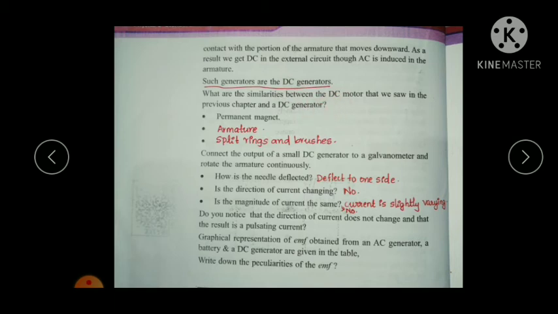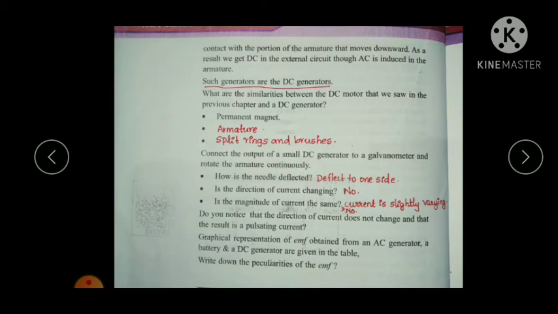In both the cases we have a permanent magnet, an armature coil, split rings and brushes. Connect the output of a small DC generator to a galvanometer and rotate the armature continuously.